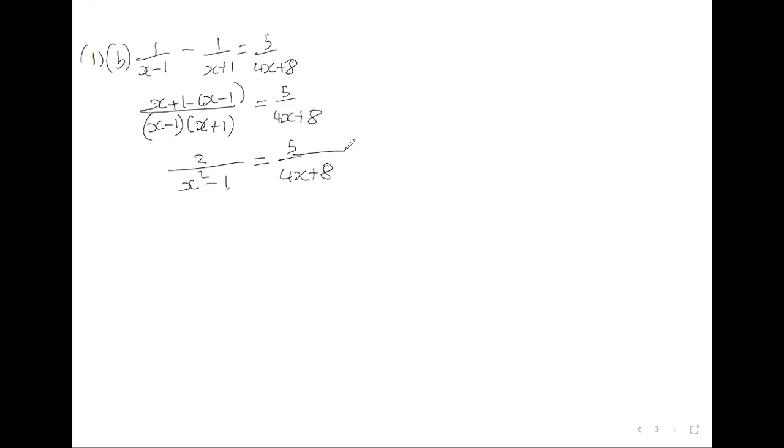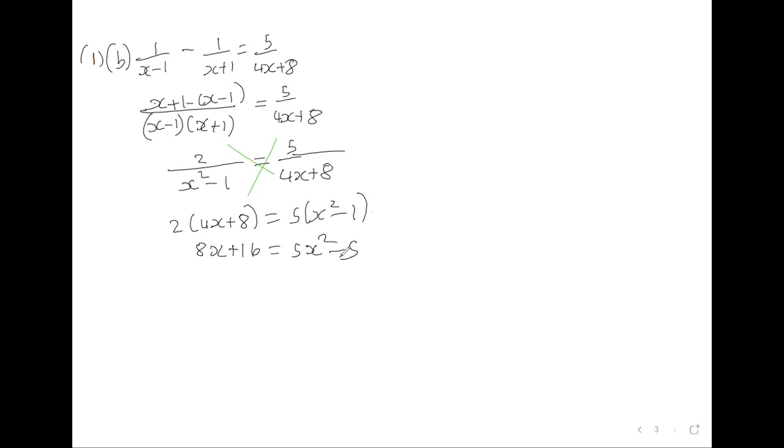Then next, you can do some cross multiplication. So you have the 2 multiplying 4x plus 8 and the 5 multiplying x squared minus 1. Expanding gives you 8x plus 16 equals 5x squared minus 5.